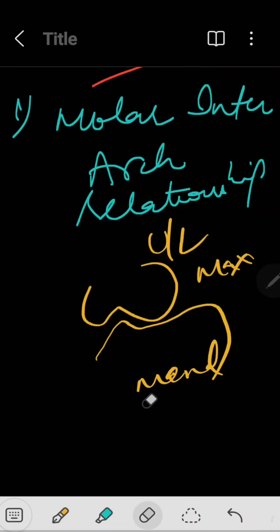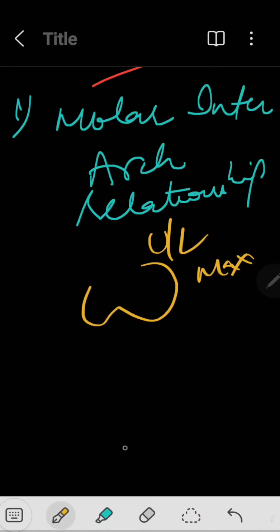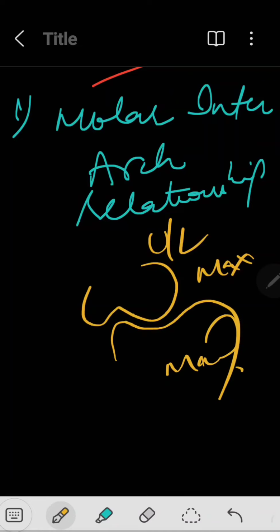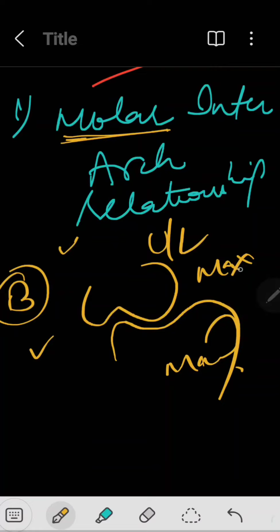Ignore the diagram please. Okay, I'll make it again. So here are the mandibular teeth. We need to discuss the molar inter-arch relationship between the maxillary and the mandibular arch. Number 1 point: this is your buccal side, this is your palatal side, as we have discussed earlier.